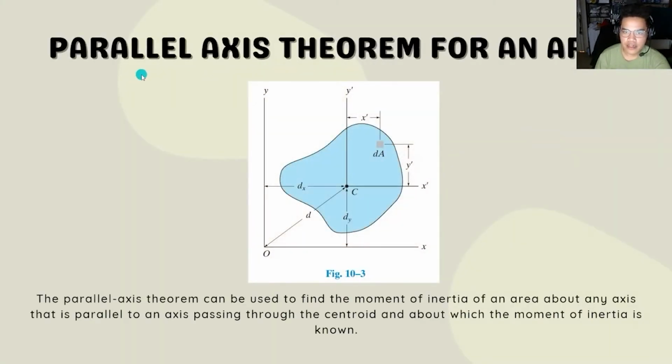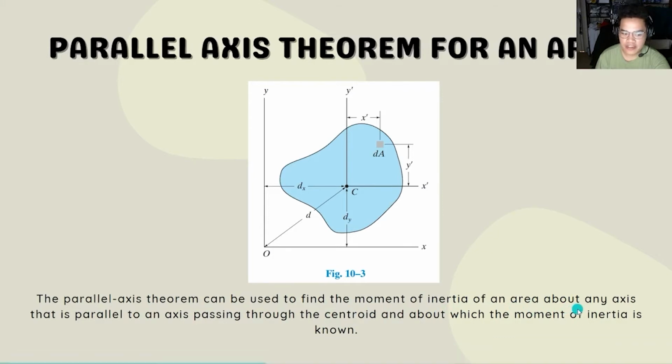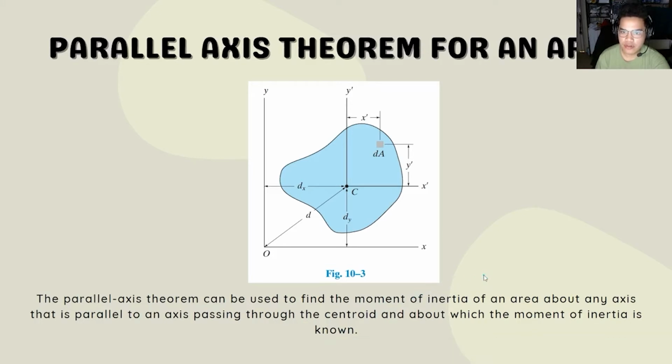Moving on to the parallel axis theorem for an area. The parallel axis theorem can be used to find the moment of inertia of an area about any axis that is parallel to an axis passing through the centroid and about which the moment of inertia is known. In order to further develop this theorem, we will consider finding the moment of inertia of the shaded area shown in this figure 10-3 about the x-axis.